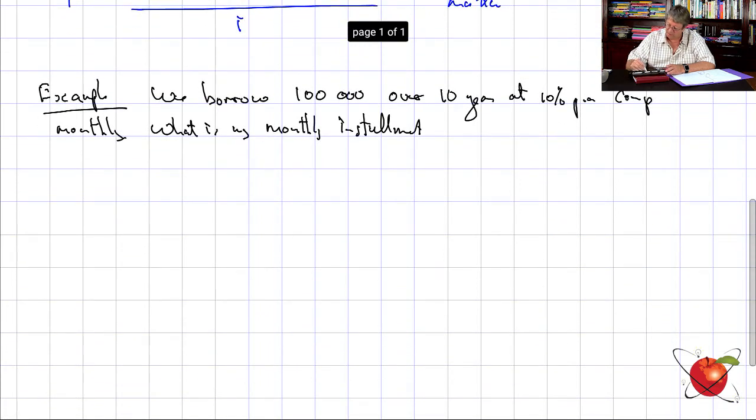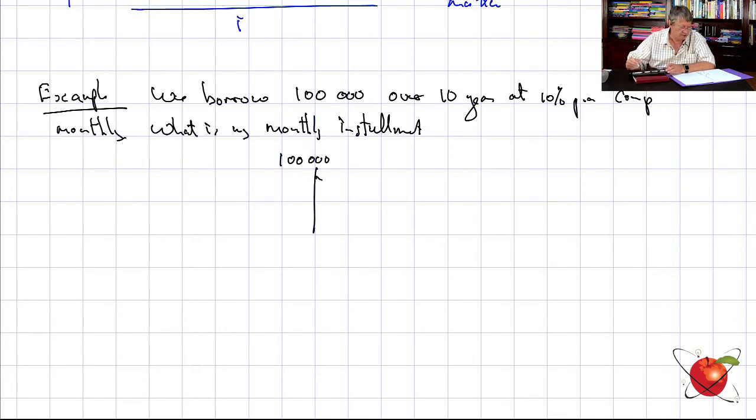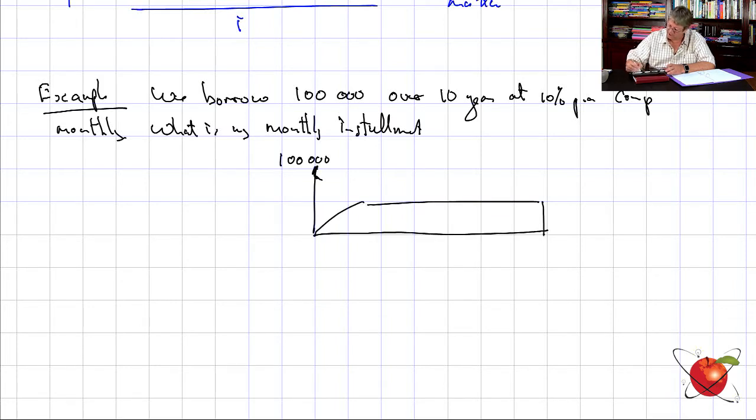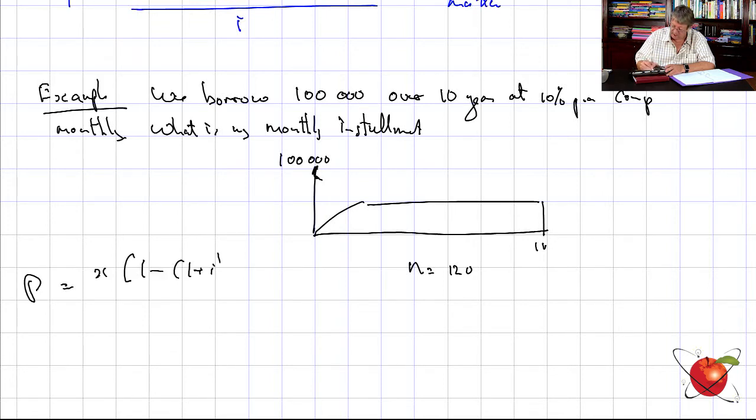Simple. I just go to my drawing, and I say, I borrow how much? 100,000, payable monthly over 10 years. Therefore, N is 120 payments. What is my monthly repayment? I work out X. So P is equal to X times 1 minus 1 plus i to the minus n, all over i.